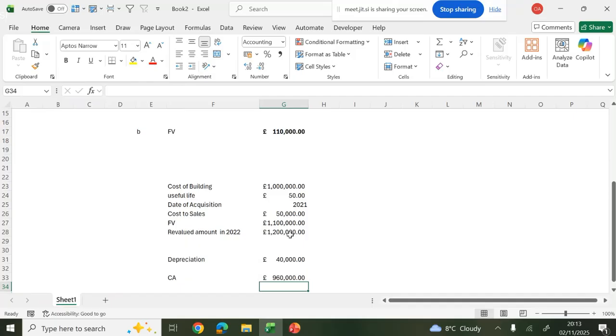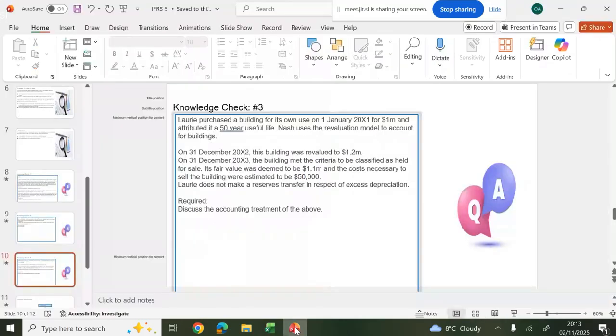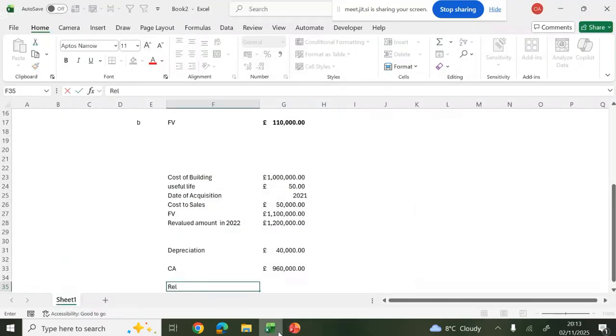Yes. However, there should be a revaluation gain on this asset. Do you agree? Because at the end of 2022, the asset was revalued. They did not tell us to calculate the gain, but there's a revaluation gain or surplus on these assets.